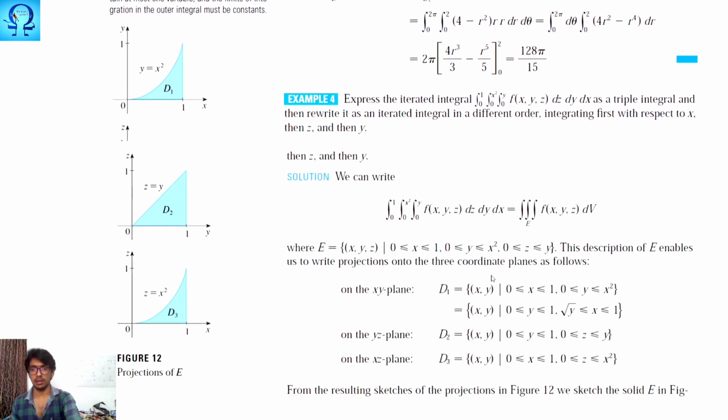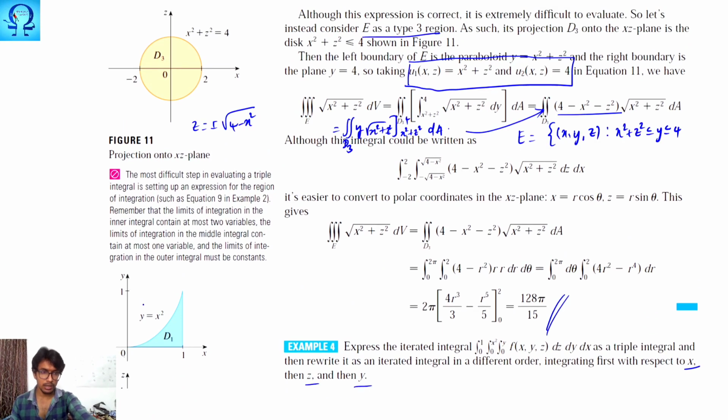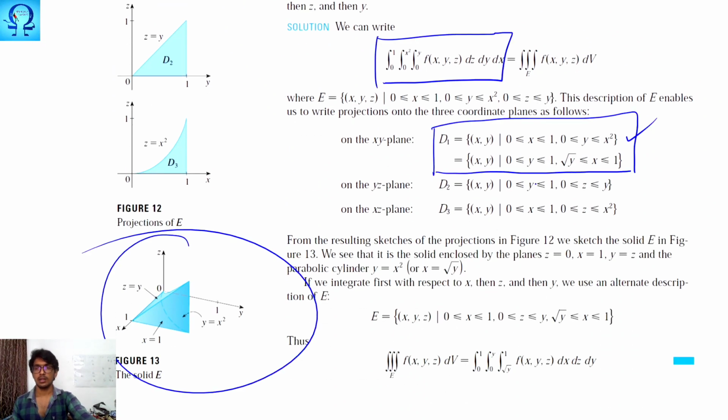That is the first type. Next, from this we can write x equal to the positive square root of y, so x varies from 0 to root y and y varies from 0 to 1. That is the other way of writing.